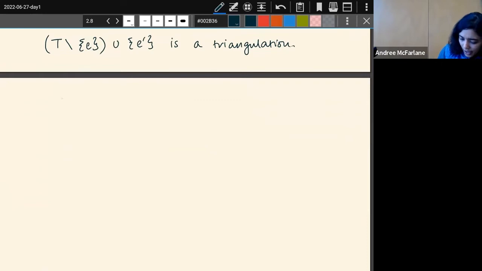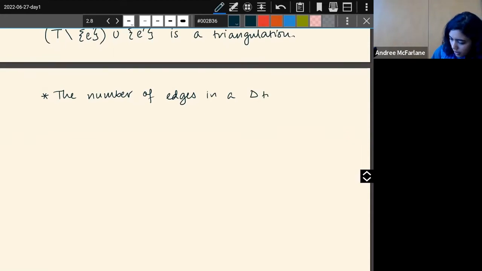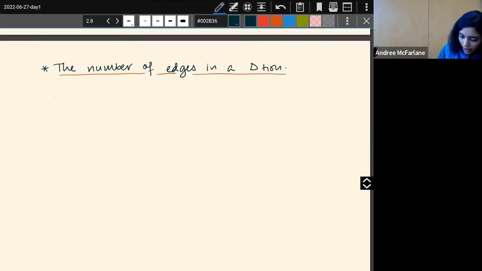Okay, so here's something about the number of edges in a triangulation. So how do you count something like this? Suppose we have a convex n-gon. I keep drawing pentagons because it's easy.